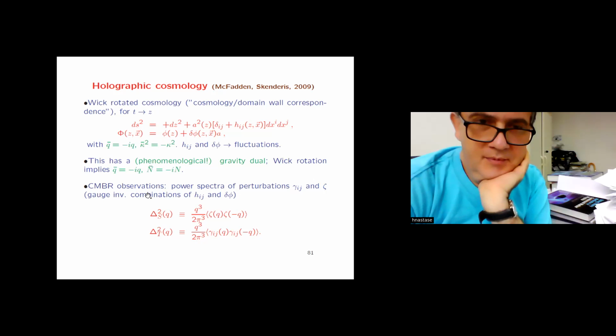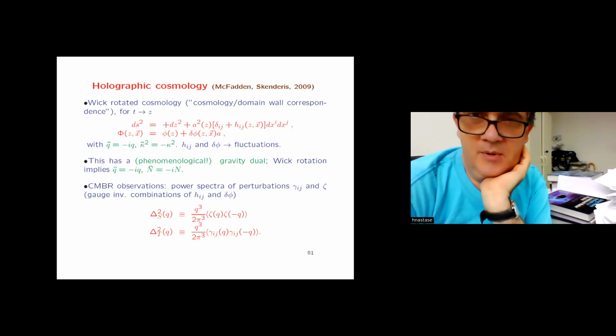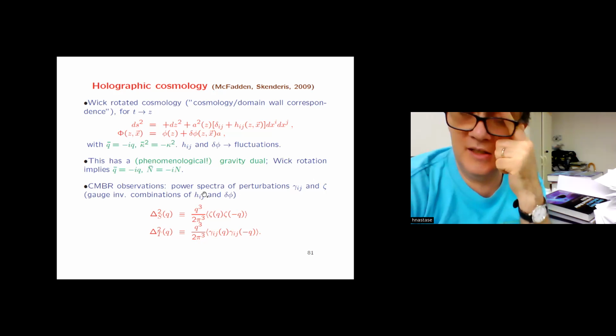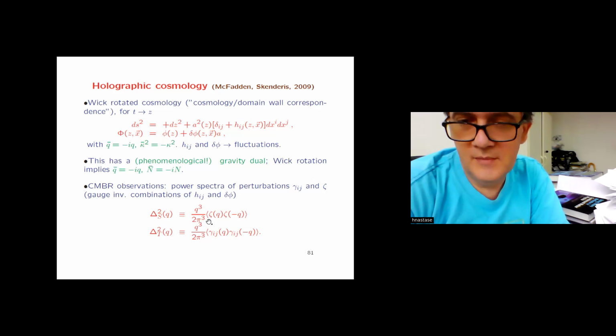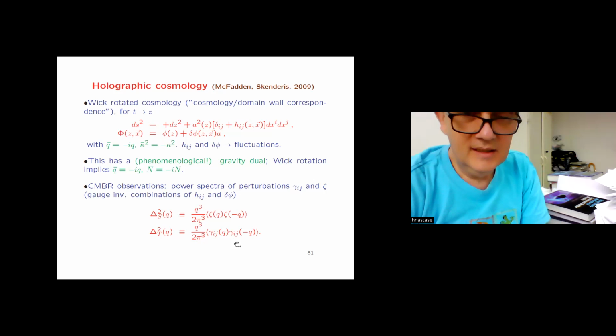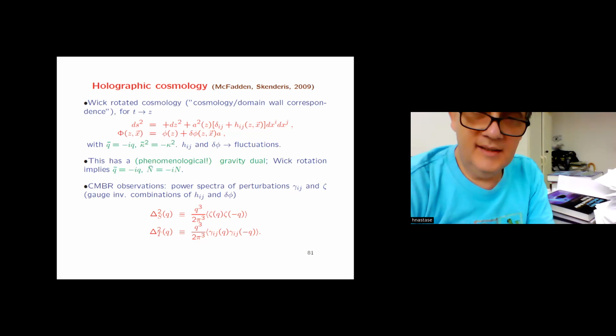So one must obtain power spectra for the perturbations, the gauge invariant tensor perturbations, including the metric and the scalar. So gauge invariant combinations of Hij and delta phi. These are delta scalar squared and delta tensor squared, the 2-point functions of zeta and of gamma ij. So these are the things that are fit against CMBR observations.